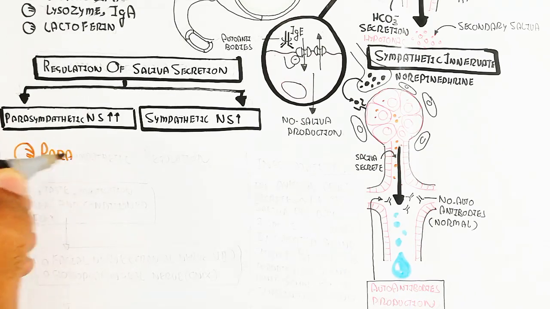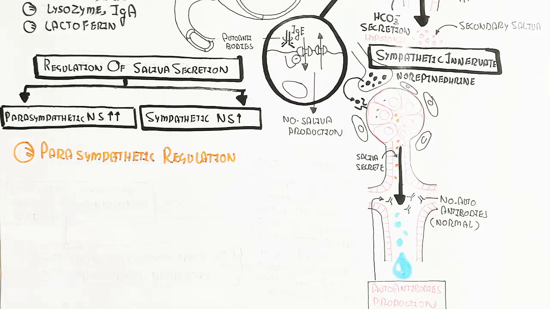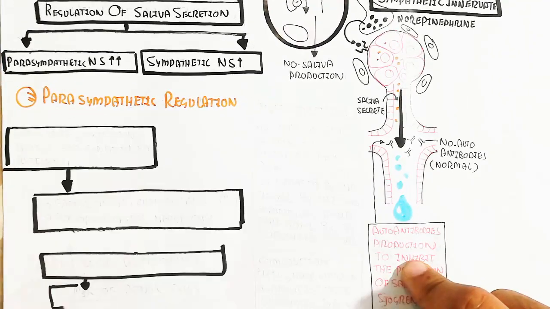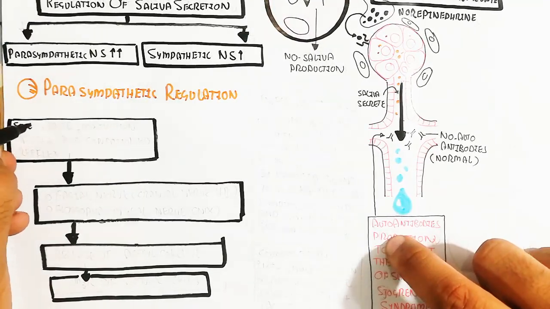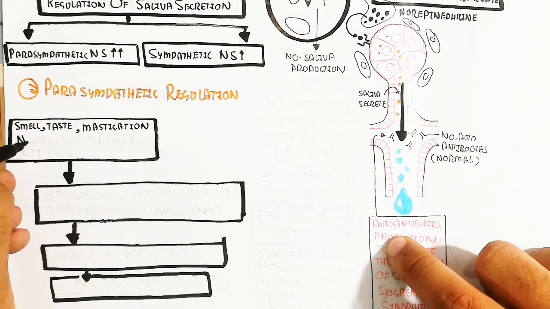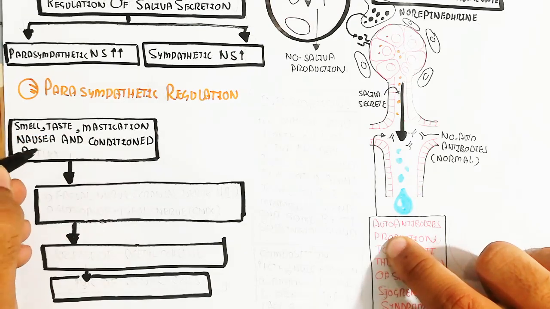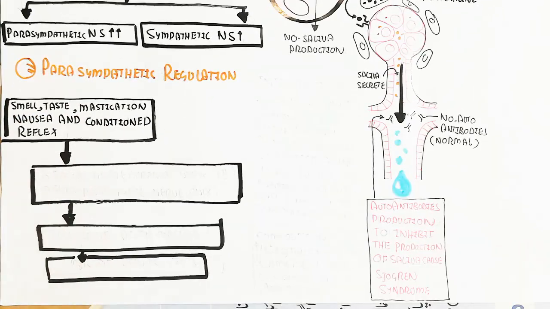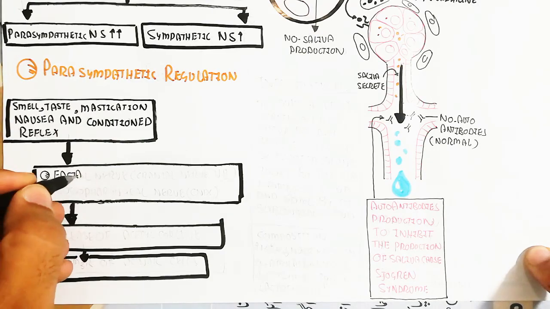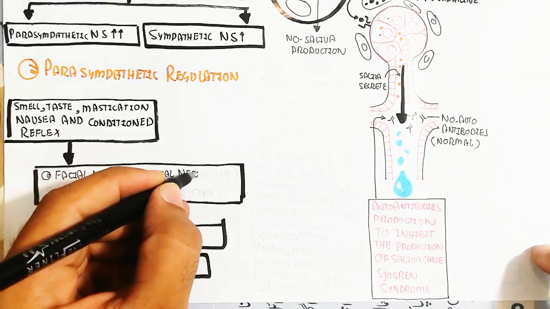Anyhow, in the parasympathetic regulation, the important things are smell, taste, mastication, nausea, and conditioned reflex. What does conditioned reflex mean? Conditioned reflex means salivation due to a ringing, or due to the primary stimulus, not the secondary.